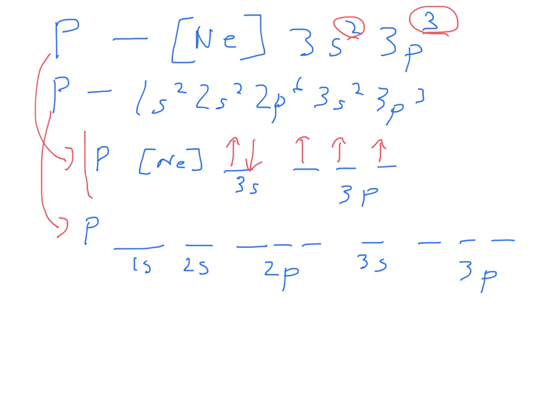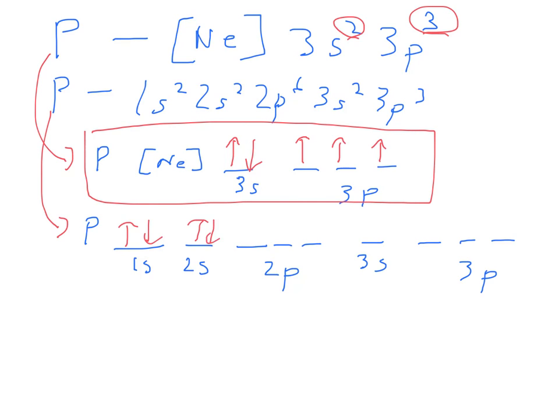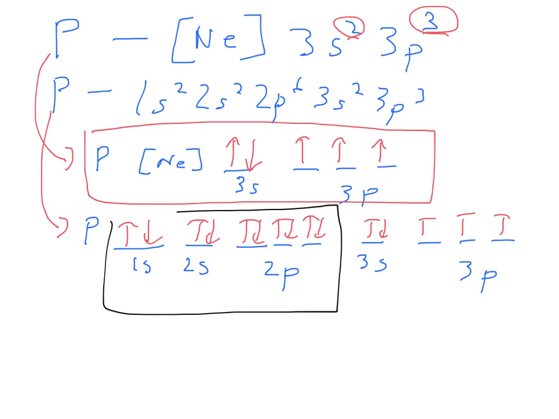So that would be the electron configuration for phosphorus if I wrote it out the long way. But once again, I can save time by representing my boring core electrons that don't do anything chemically using my noble gas notation.